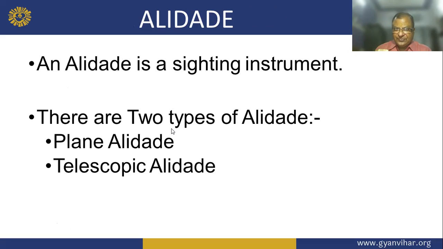Now, one other instrument is the alidade. The alidade is the sighting instrument. There are two types of alidade: plain alidade and telescopic alidade.